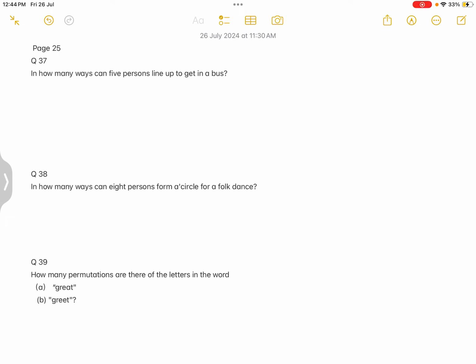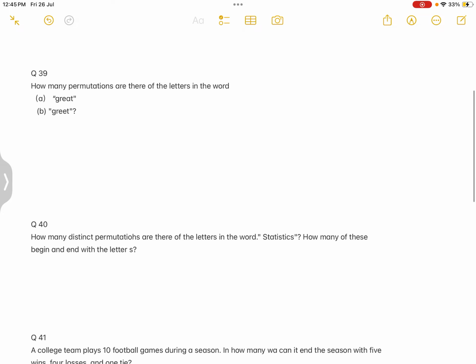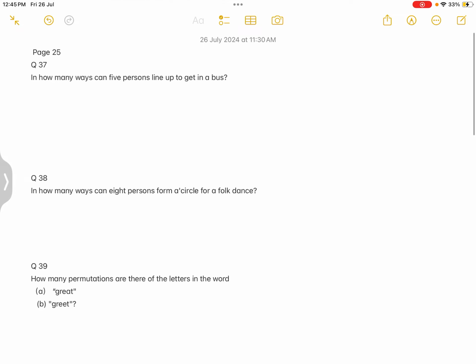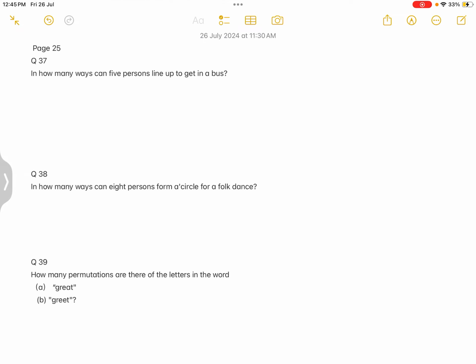Page number 25 in this section has many questions, but I chose for you some questions that we will solve together, and these are the only questions that you must study with the solved examples. Question number 37, page 25. In how many ways can 5 persons line up to get in a bus? Solution.